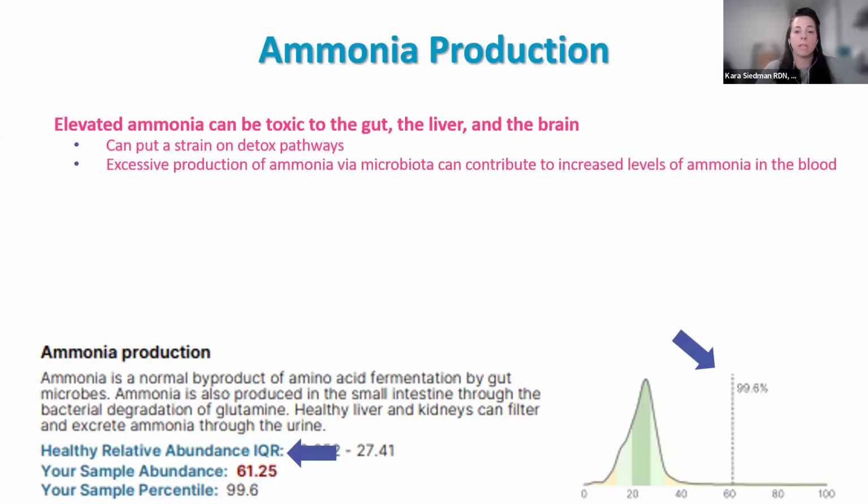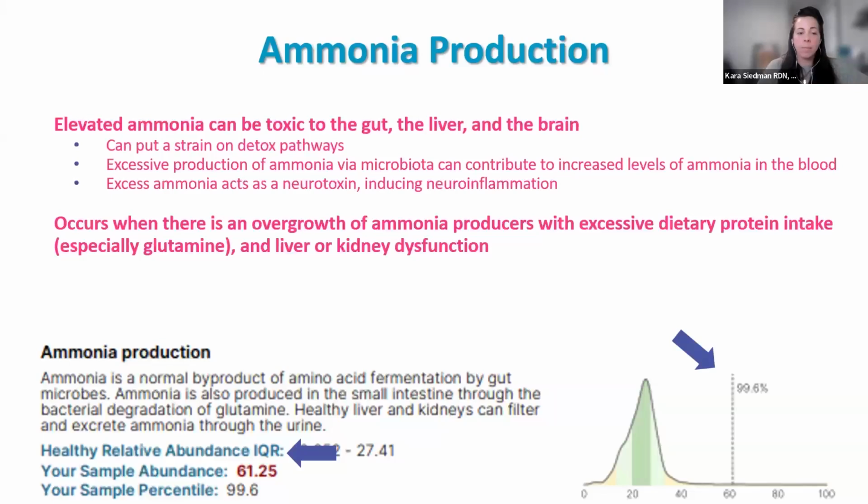It can actually increase levels in the blood. And then excess ammonia is obviously a neurotoxin. It can induce neuroinflammation. But more important, it occurs when there's an overgrowth of ammonia producers, more of this dysbiotic bacteria paired with excessive dietary protein or poor protein breakdown.